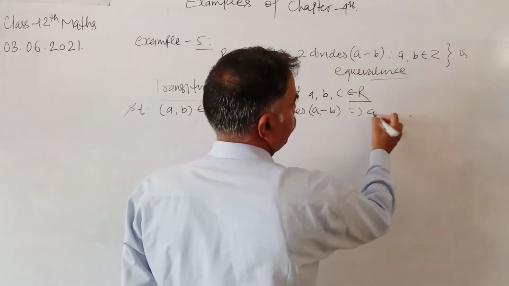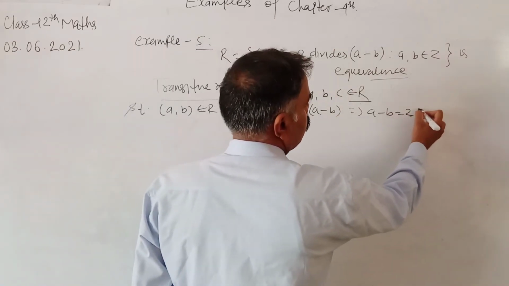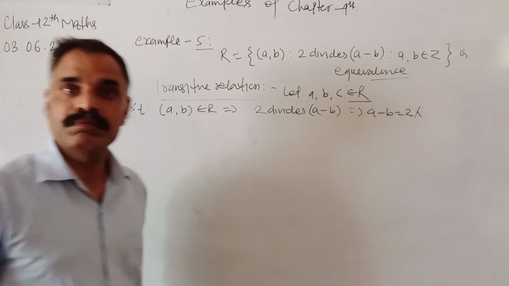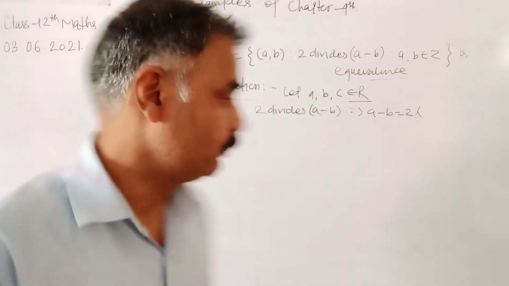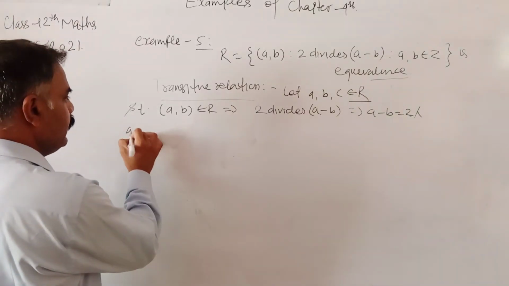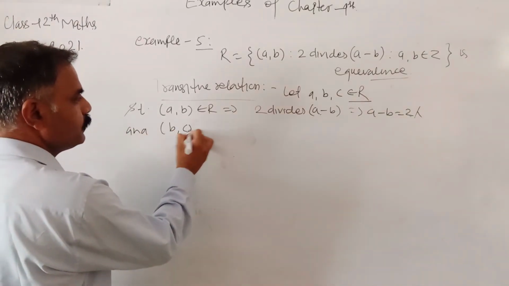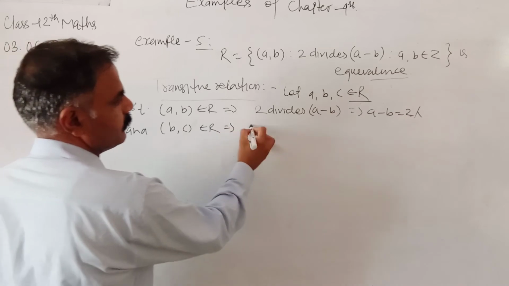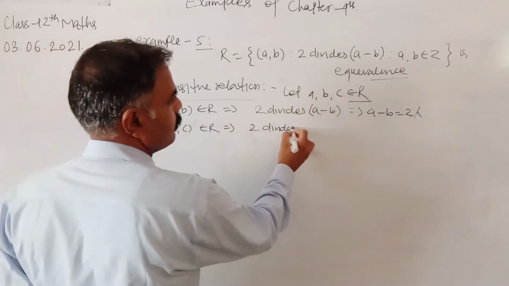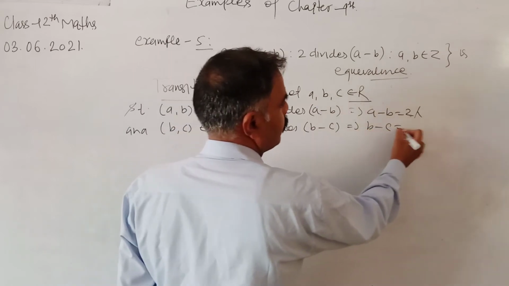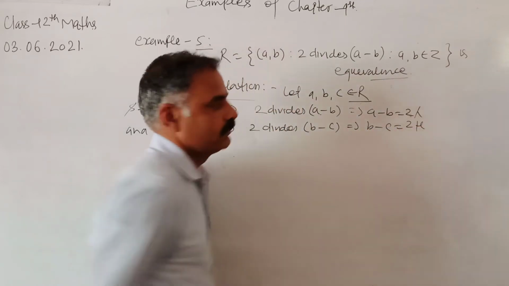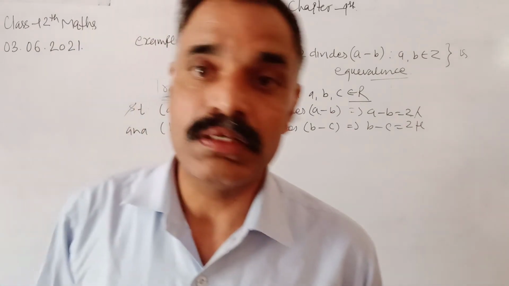It means a minus b equals 2 lambda. a minus b will be a multiple of 2. And (b,c) belongs to R. It means 2 divides b minus c, so b minus c is also a multiple of 2.